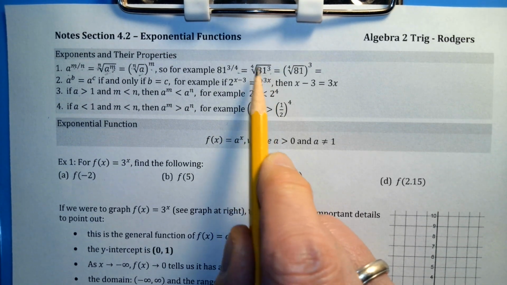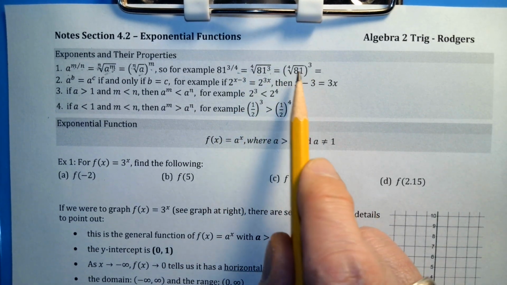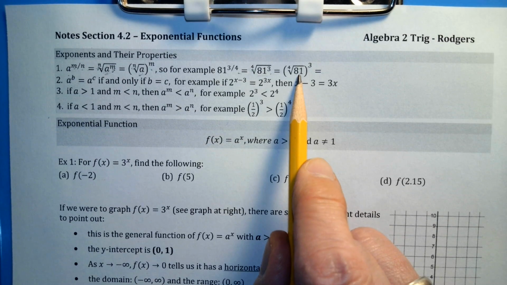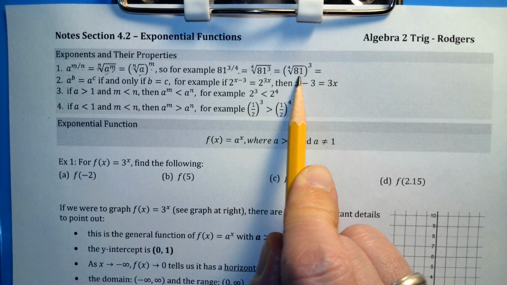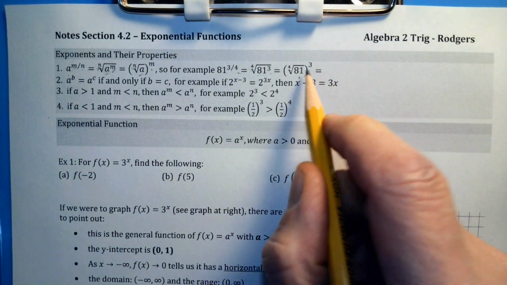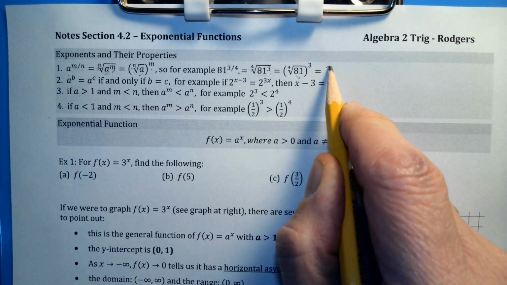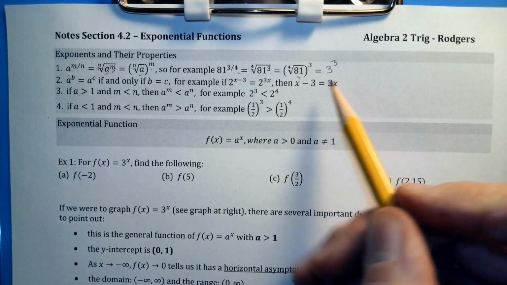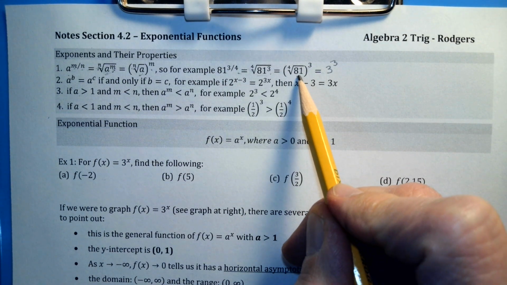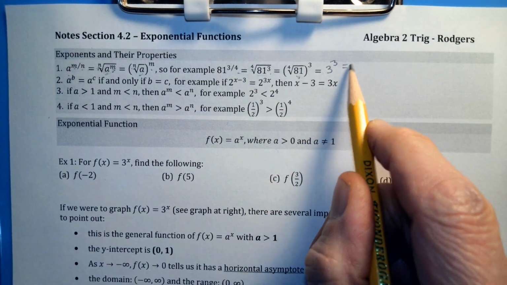We don't want to cube it and then try to take the fourth root of it. Instead, we'd want to take the fourth root first, and 81 is a perfect fourth power. So we would think of that as what? Fourth root of 81, well, that's just 3. And then we have 3 cubed. So it's much easier to take the fourth root first in most cases here, and then cube it. So that looks like what, 27?